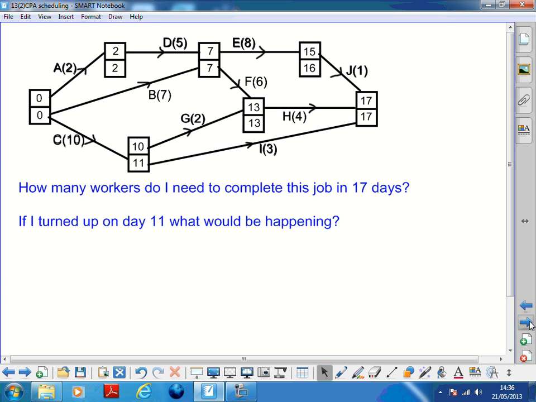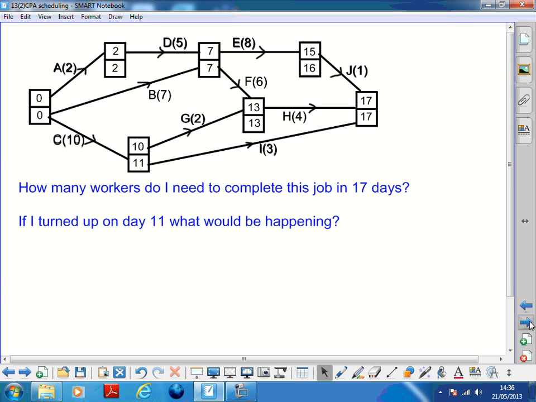So the person doing G could do G for 2 and then do I. They'd start at 10, do G, that takes 2, then the H person can kick off with H. Meanwhile, the G person can then do I, which is going to take 3, still going to finish before 17. So we reckon 3 workers.